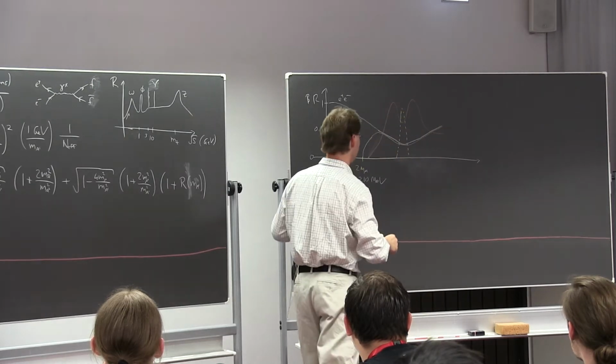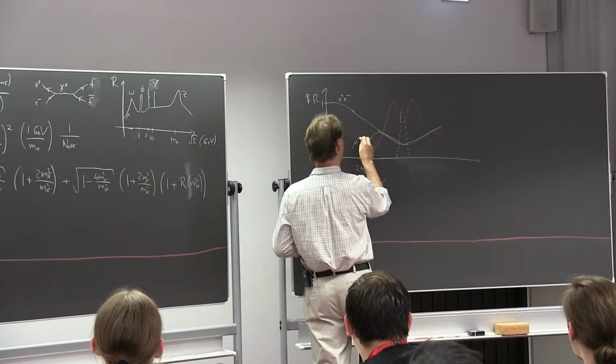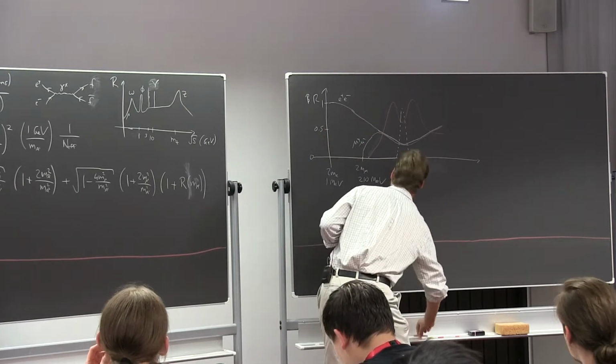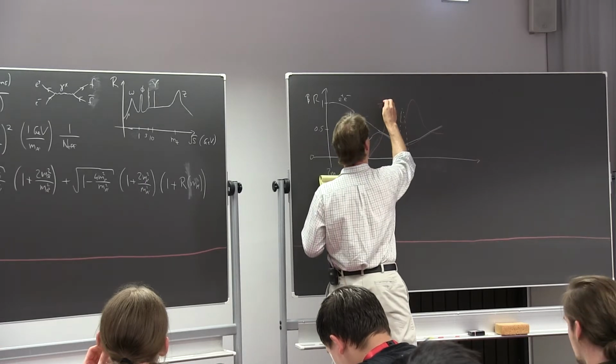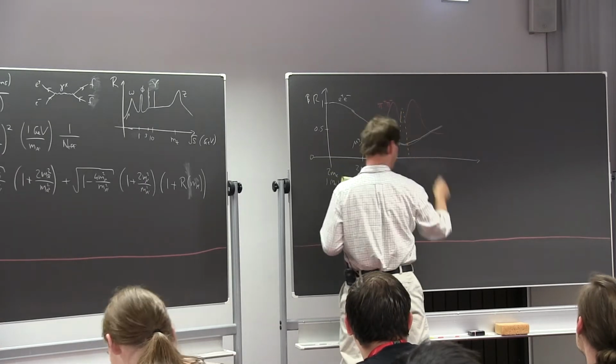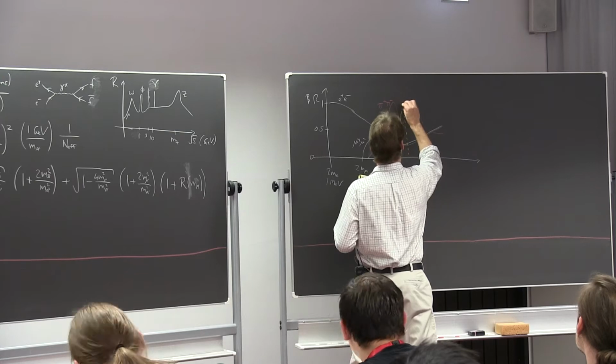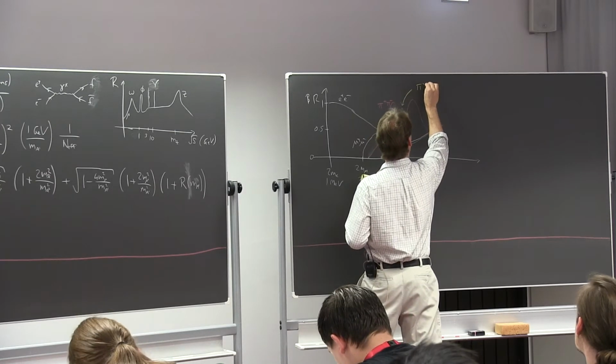So the electrons and muons basically overlap. So this is mu plus or minus. This is pi plus, pi minus. And yellow is pi plus, pi minus, pi 0.